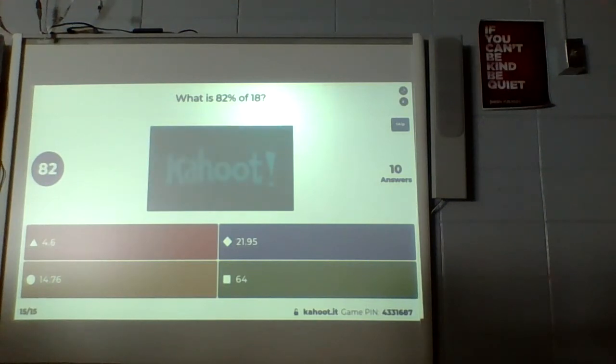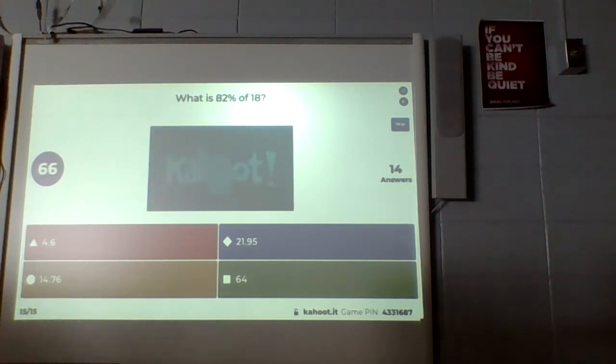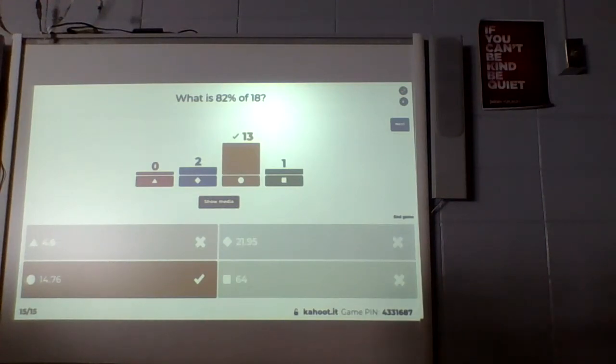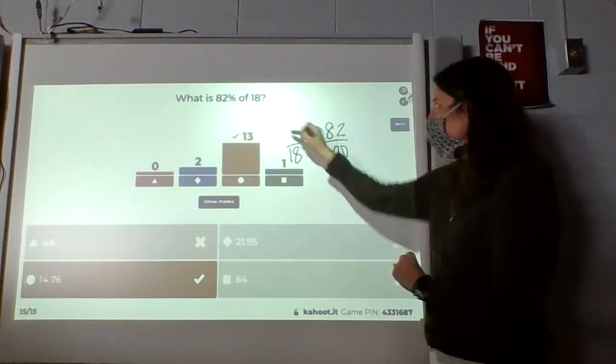Maybe you got lucky here. 82 has to go over 100, and then 18 will go on the bottom, and then the X is then on top.